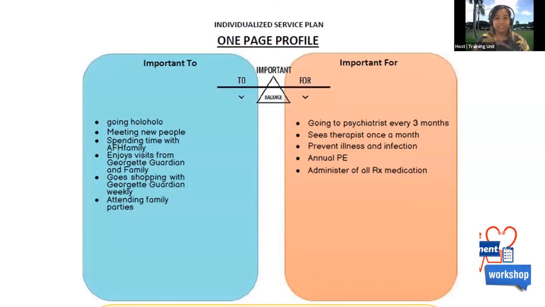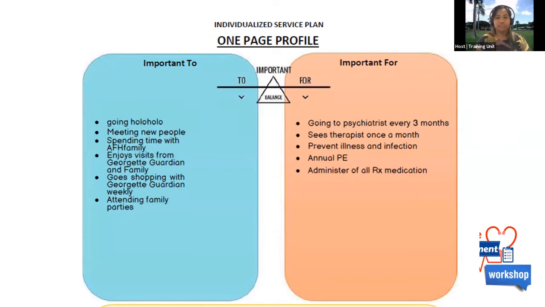So, some information on what's important to and important for Lonnie, right? As a recap, important to has all the information in regards to their values, who they are, all the fun stuff they like. Important for, those are things where we put all the medical concerns or just making sure that the medical supports are in place.